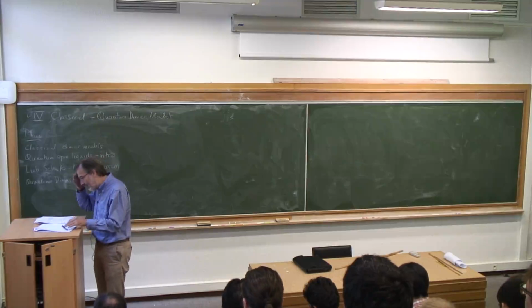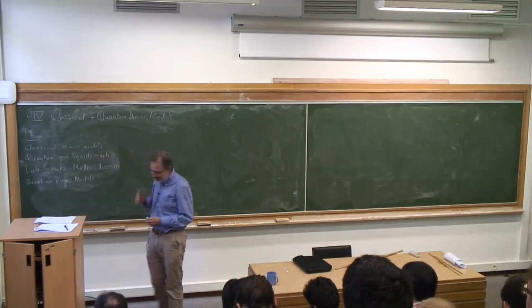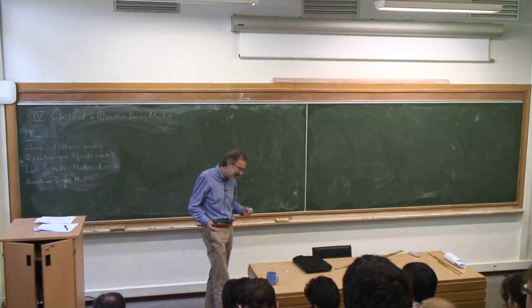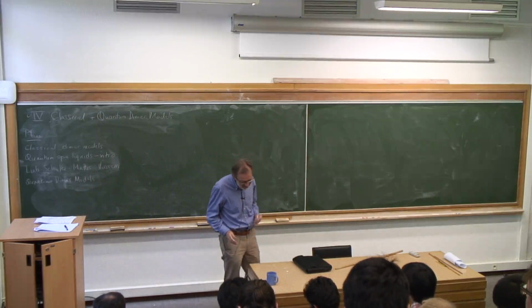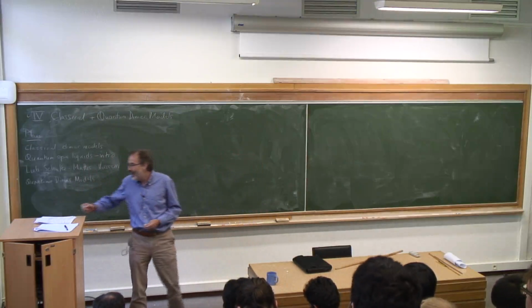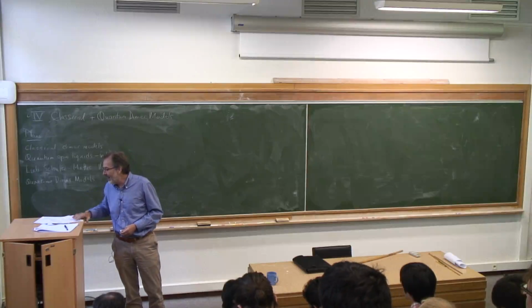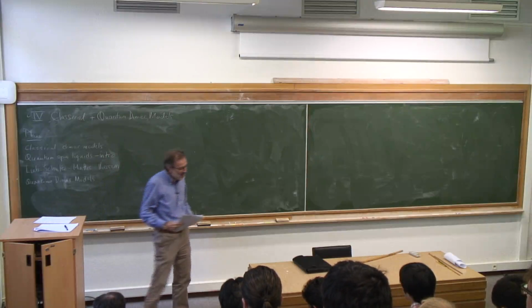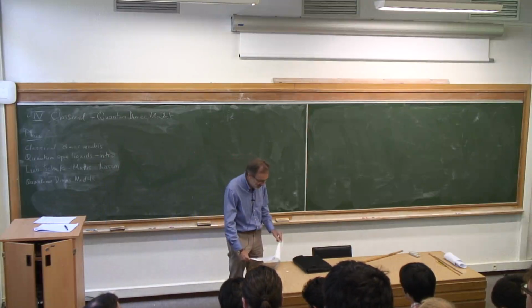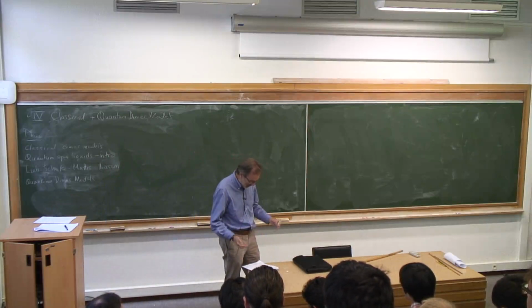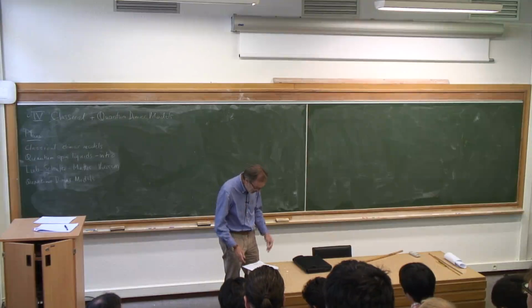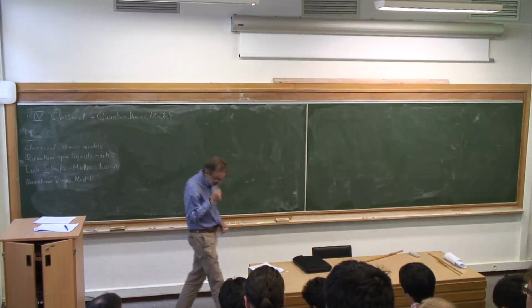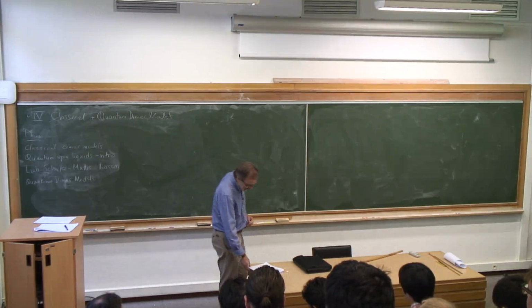Okay, so the first topic then is classical dimer models, and the hope is that you'll recognize what I say here as being connected in a completely obvious and natural way to the things that I told you, first of all, about the triangular lattice Ising antiferromagnet, and then yesterday about spin ice.